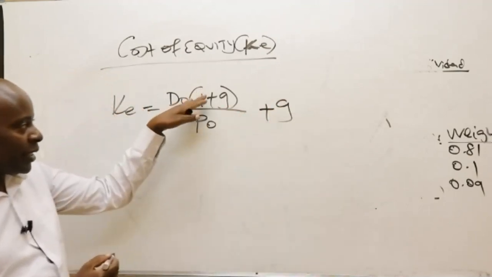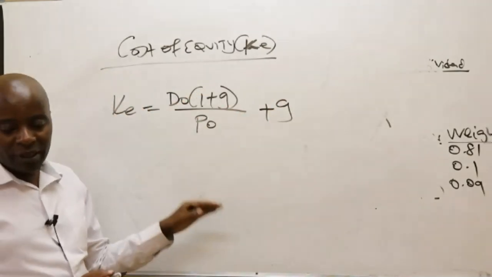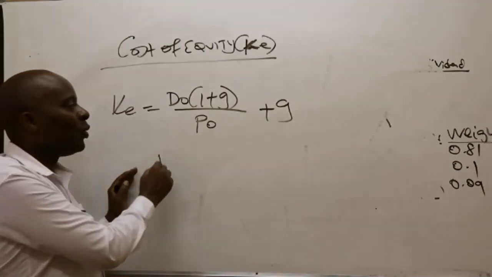Most of you are writing just this, plus G. Remember, this formula normally comes from which parameter?